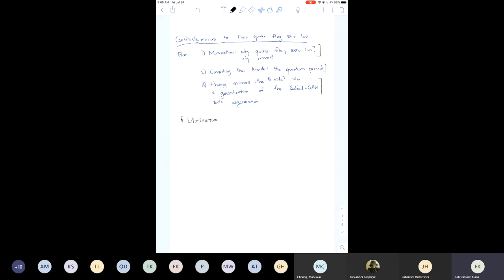So first, motivation. All my Fano varieties are going to be smooth and over C. What makes it possible to talk about Fano classification is that there are only finitely many n-dimensional Fano varieties up to deformation.